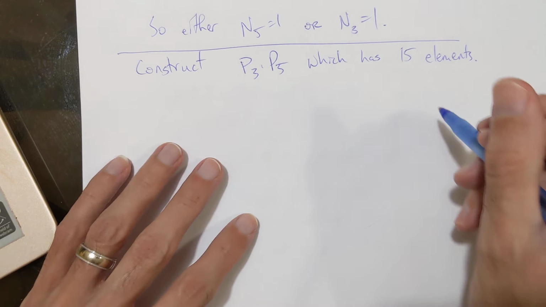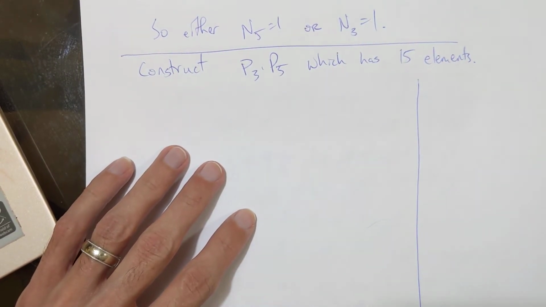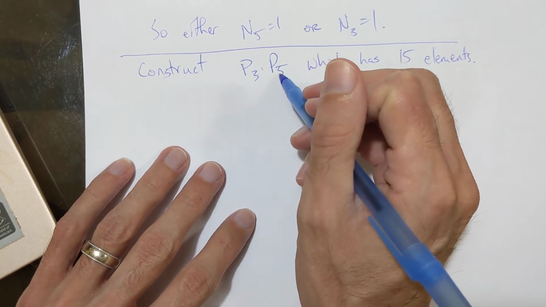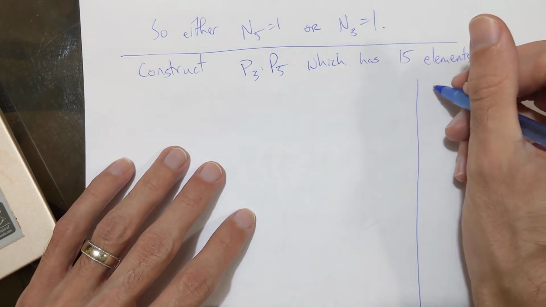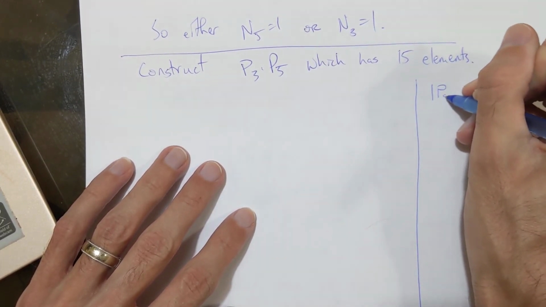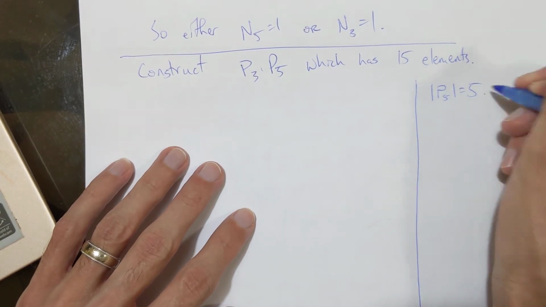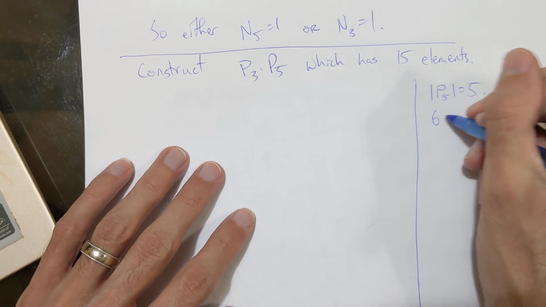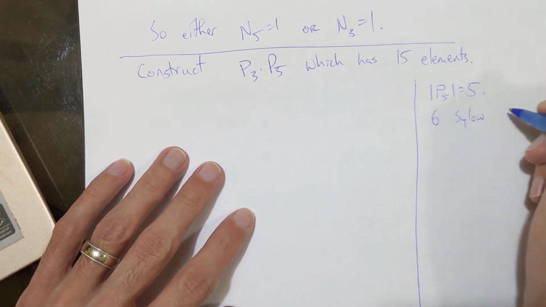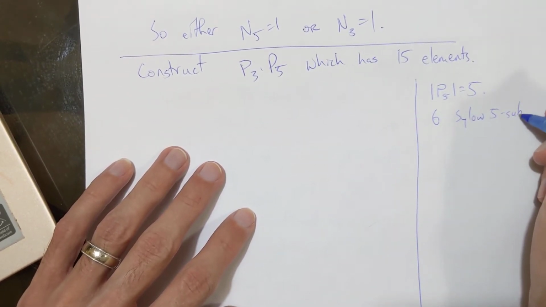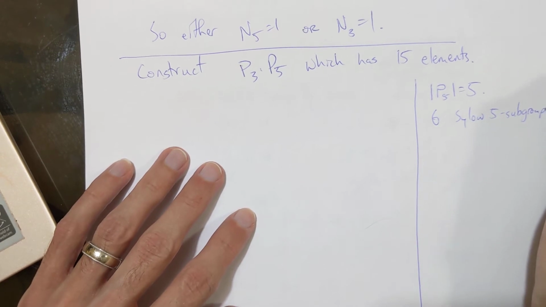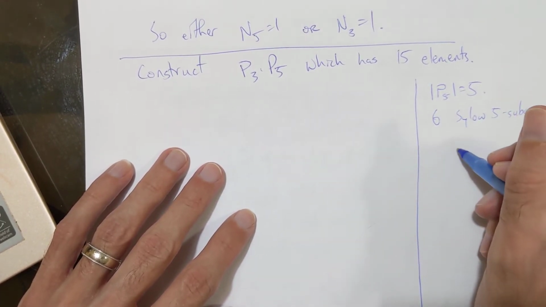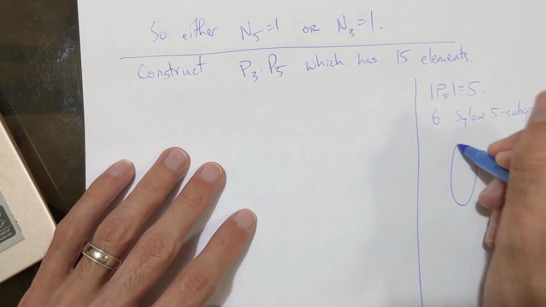Right, let me try and summarize the counting argument. In the case where the Sylow 5 subgroups have 5 elements, there are 6 Sylow 5 subgroups. Well, their only intersection is just at the identity. So we have this kind of situation.